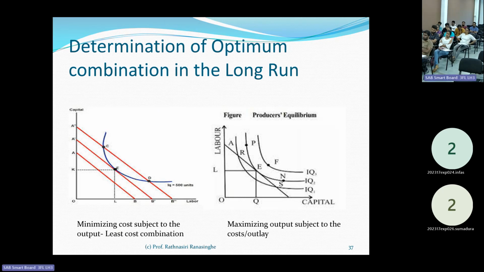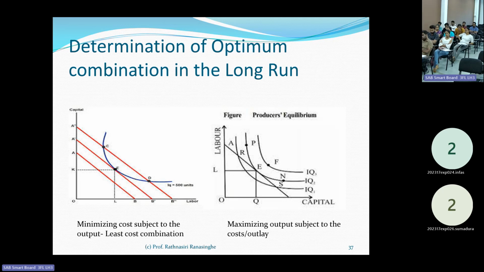Right now here we are trying to maximize the output. In business economics, we talk about maximization. Our objective function is to maximize the output. What is the constraint? Cost is the constraint.